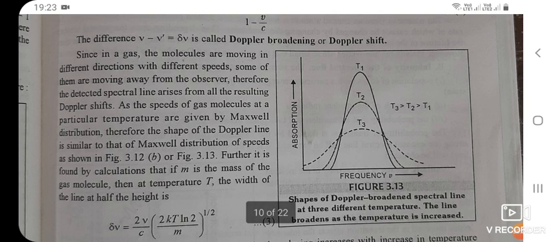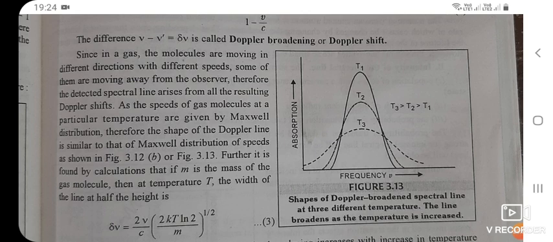Since in a gas the molecules are moving in different directions with different speeds, some of them are moving away from the observer, therefore the detected spectral line arises from all the resulting Doppler shifts. As the speeds of gas molecules at a particular temperature are given by the Maxwell distribution, the shape of the Doppler line is similar to that of the Maxwell distribution of speeds as shown in figure 3.12b or figure 3.13.